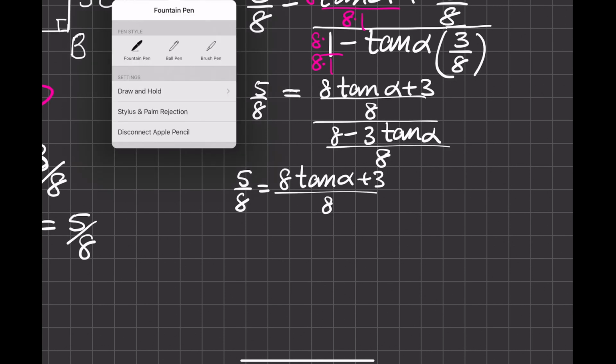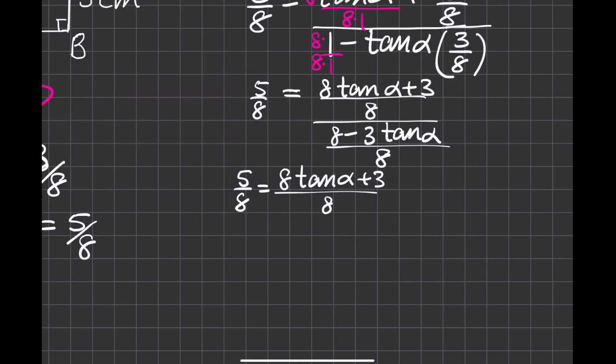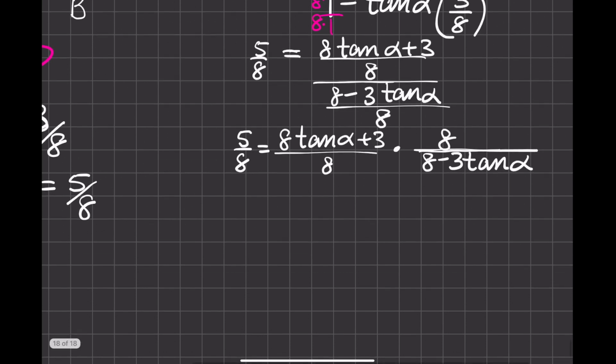We're going to remember that when you divide by a fraction, you, of course, multiply by the reciprocal of what you're dividing by. So we're going to flip that bottom up and multiply by the reciprocal, changing the division to multiplication. And now that we're multiplying by 8 over 8 minus 3 tangent of alpha, we're going to allow those 8's to cancel out.